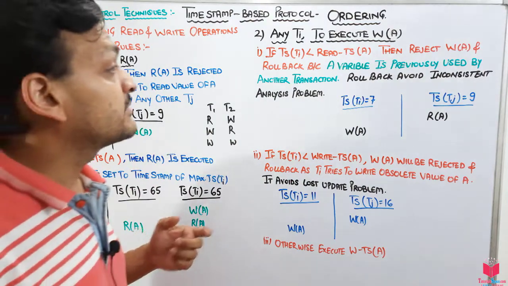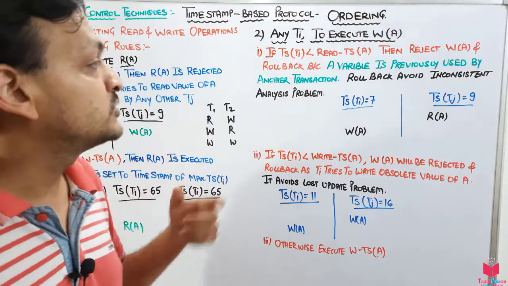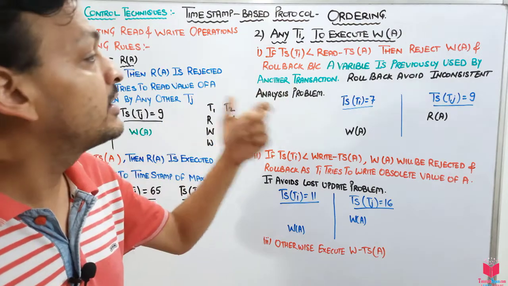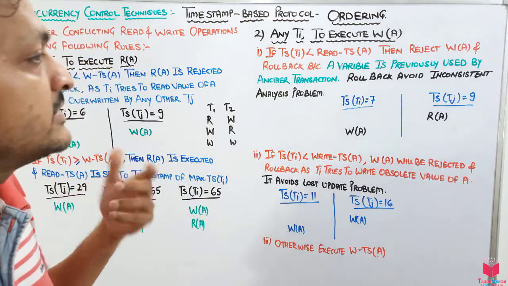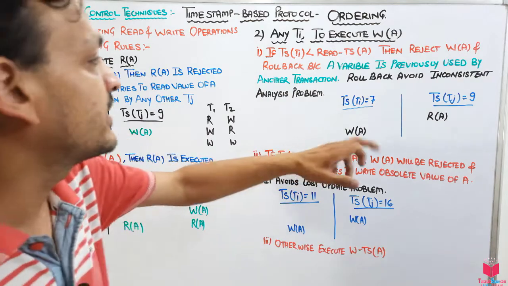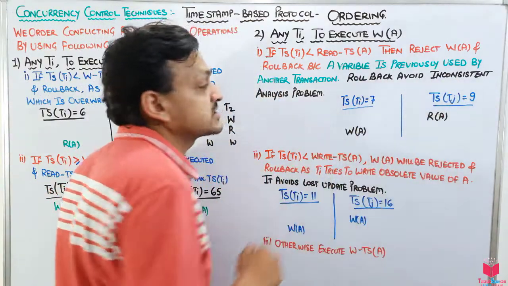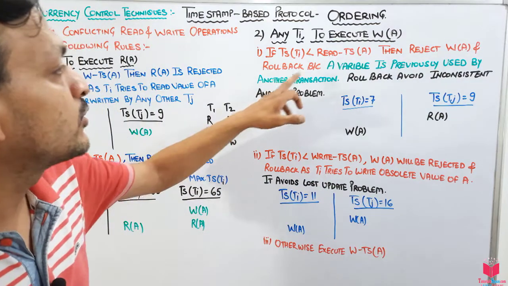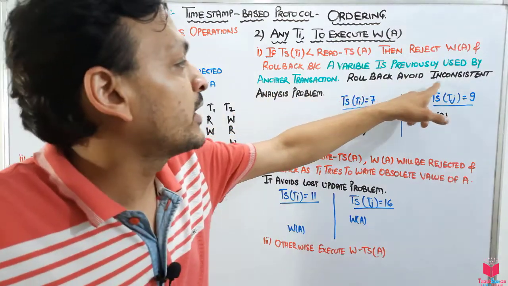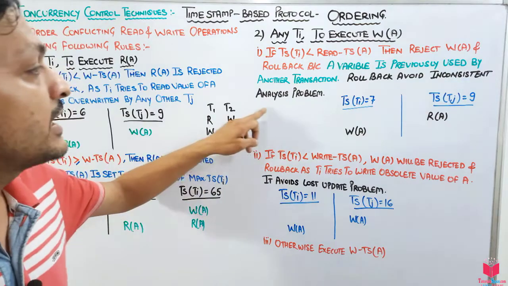That means some other transaction has already read this variable, so rolling back helps avoid the inconsistent analysis problem.